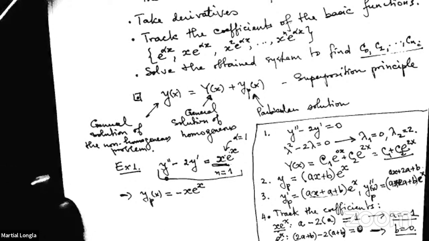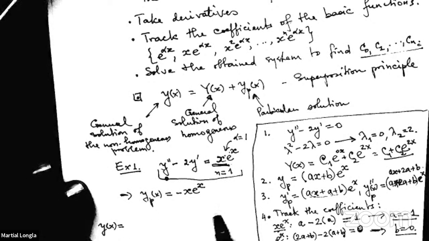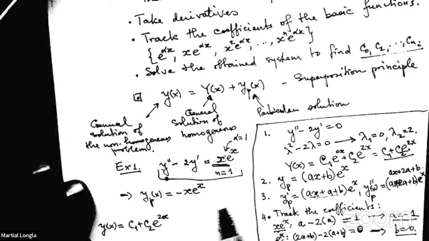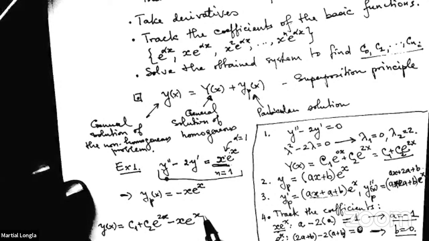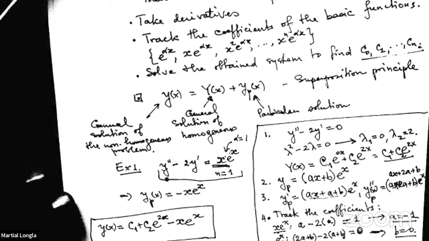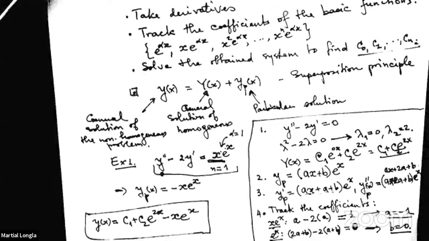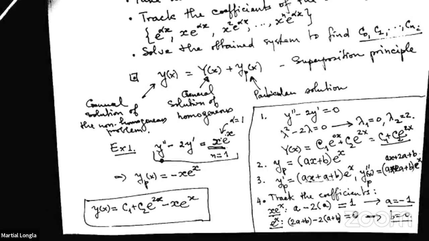So that's the yp. And so the solution of the problem is y solution of the homogeneous problem, C1 plus C2 e to the 2x, plus the yp we just found, which is minus x e to the x. That's it. That's how the method works. Questions?